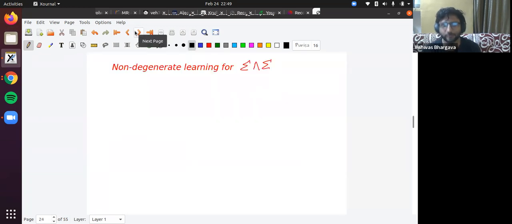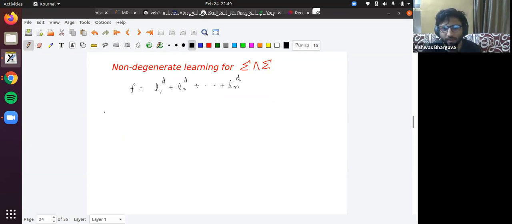Okay. So let's look at the non-degenerate algorithm for it. What's our model? I'm given a polynomial L1 to the d plus L2 to the d, and so on. Let's assume for simplicity it's n of them.